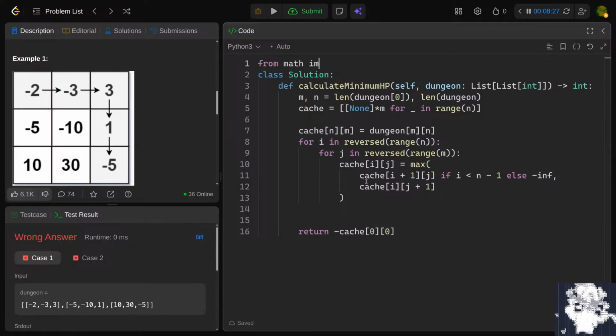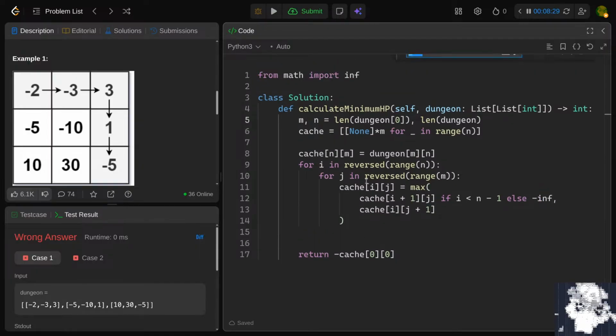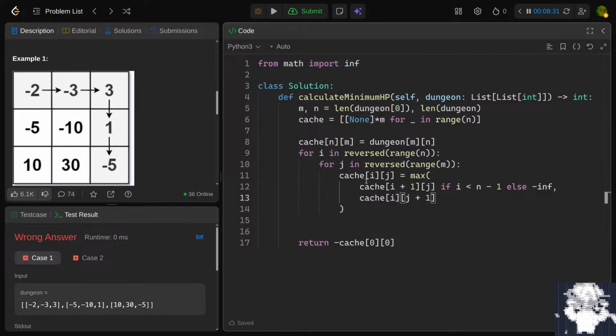So from math import infinity. And then the same here. If j is less than m minus 1, else negative infinity. And that's it.